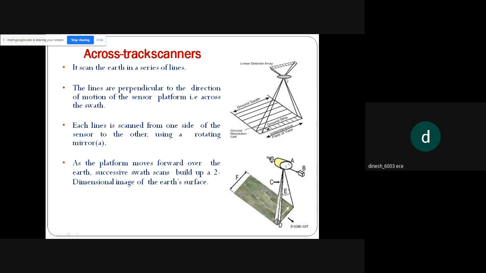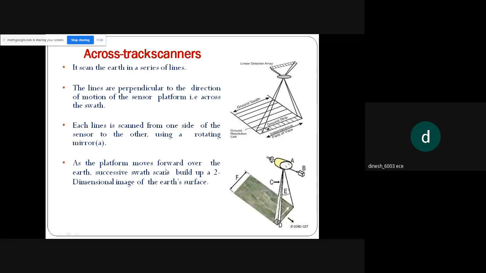This is your sensor platform which is moving, and the lines are perpendicular to that, so that is across the swath. That is the reason why we call this an across track scanner. Each line is scanned from one side of the sensor to the other using a rotating mirror. Depending upon the rotation, this scanner will scan each and every line from one side to the other.